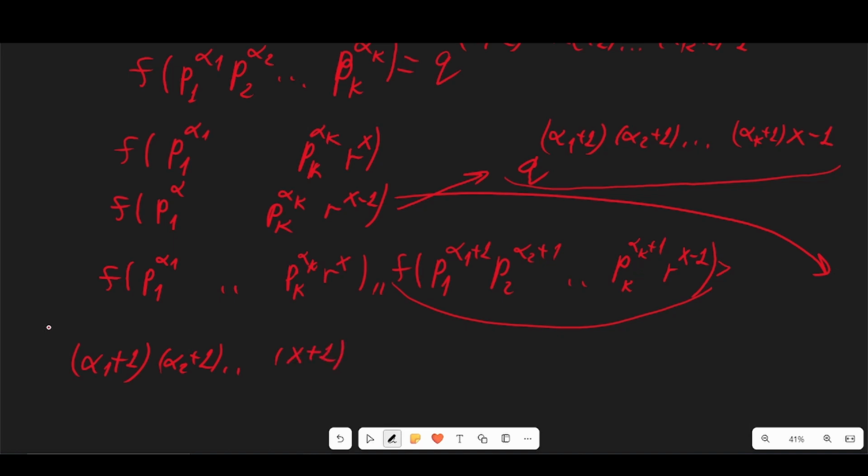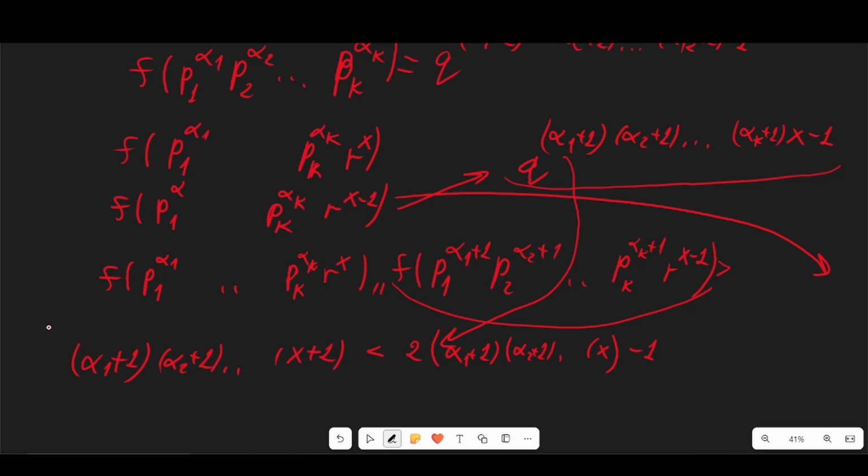And now we will show that this is less than 2 times this number. And clearly this is correct. So this would be alpha 1 plus 1 times alpha 2 plus 1, this would be x, and finally minus 1.